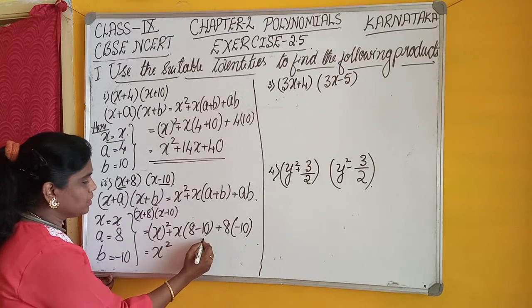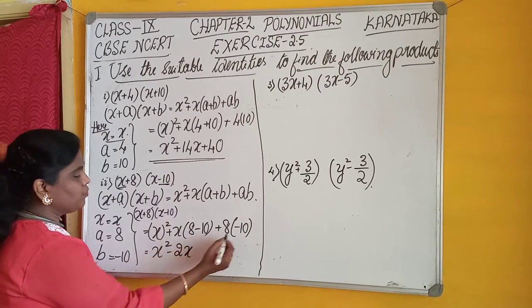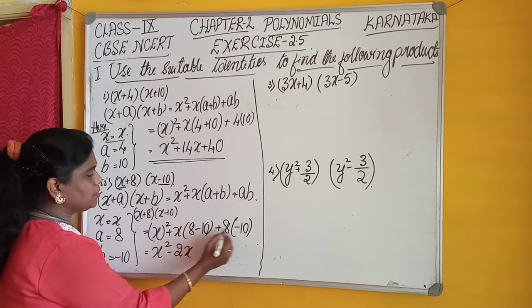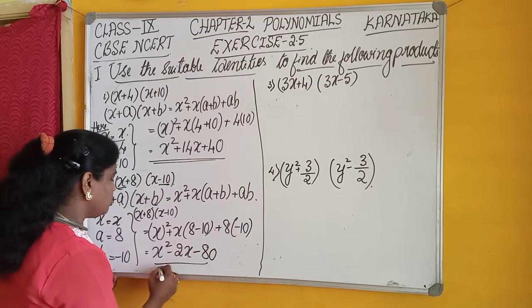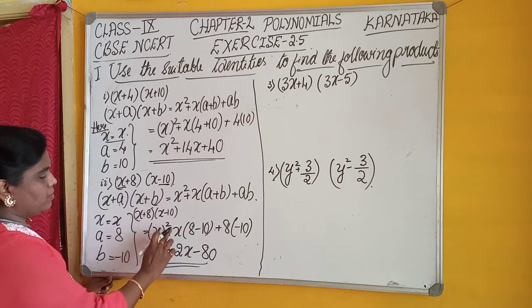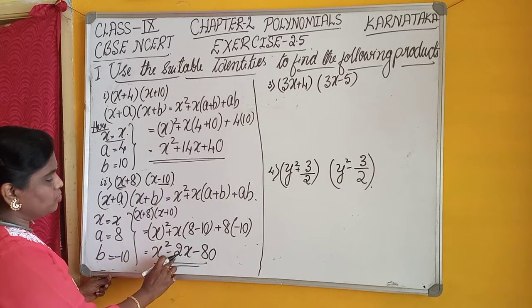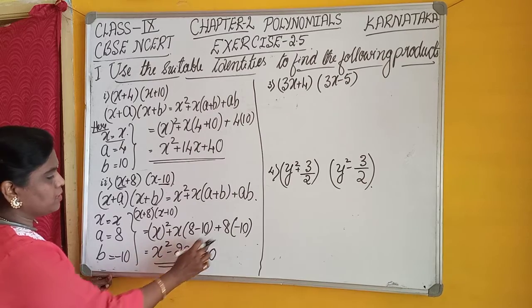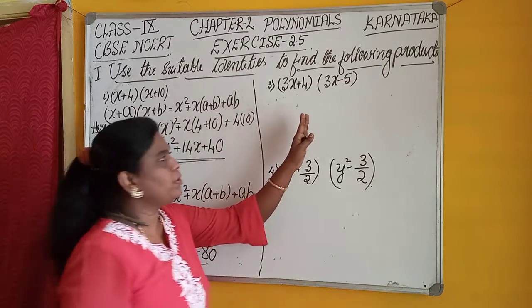Therefore minus 2 into x is minus 2x. Then 8 into minus 10 is minus 80. Understood? Let's move on to the next problem.